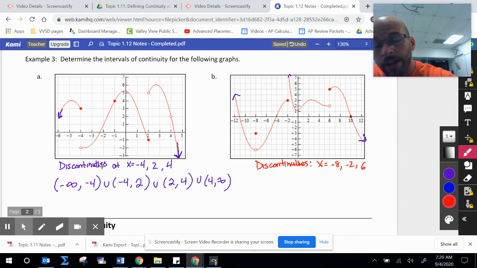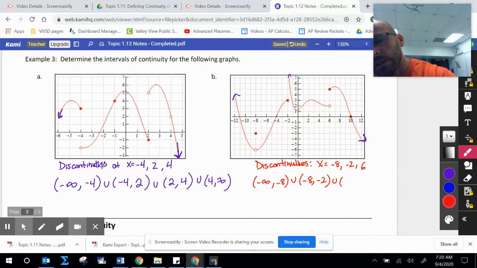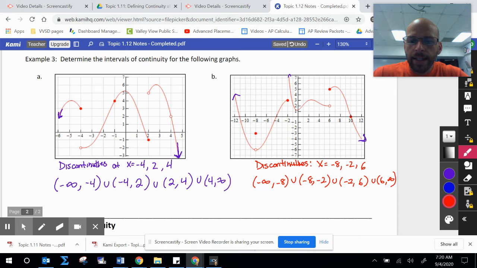So my intervals of continuity are negative infinity to -8, -8 to -2, -2 to 6, 6 to infinity. Okay? And that's how I would write the intervals of continuity from a graph.